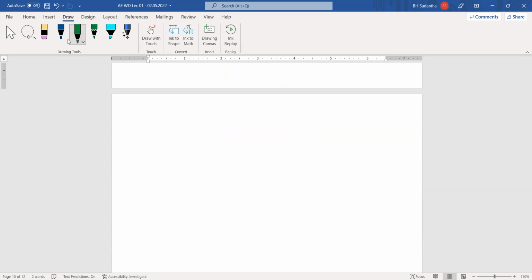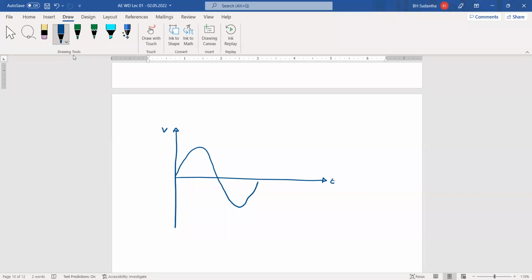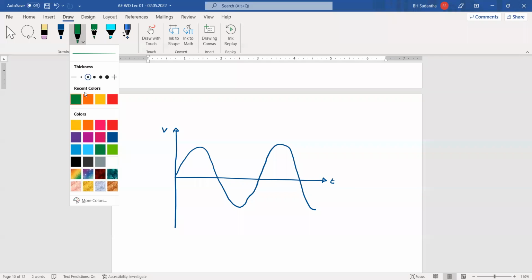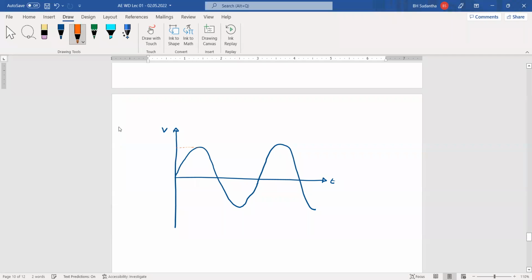Then if you are okay with that, think about this one. This is V in, then draw VR.